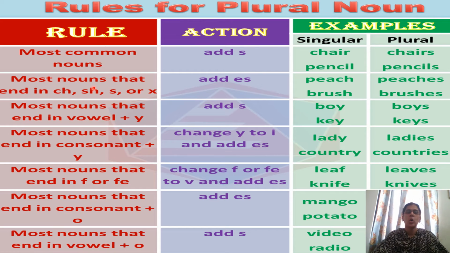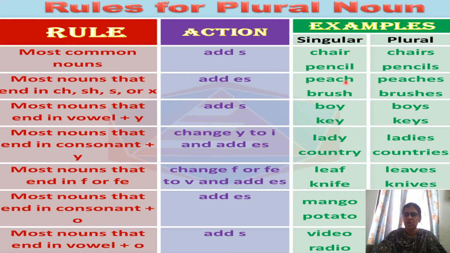Second rule, most nouns that end in CH, SH, S or X. So if the last letters of your common noun end with CH, SH, S or X, it can end with any of these, then in those cases, what you do is add ES to the end of the noun to make it plural.